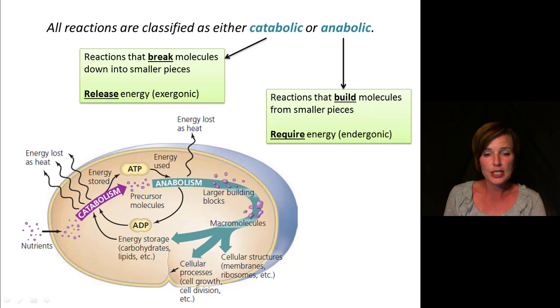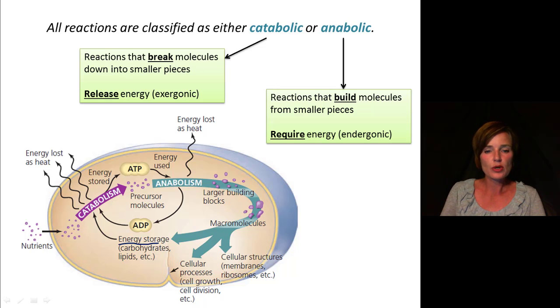Now, if we look at this picture here, we can see both sides of this. We have the side that talks about catabolism, and in that case, notice that we are going to take energy storage molecules, and that would be all types of food molecules. So we're talking about carbohydrates and various types of lipids or fat molecules here, and those are going to be carefully broken down. And when they're carefully broken open, the energy is going to come out of those.